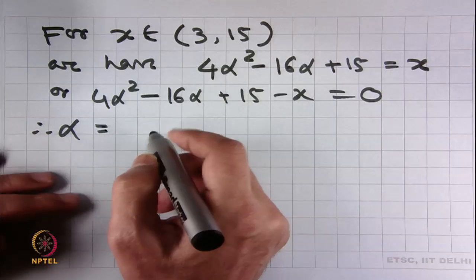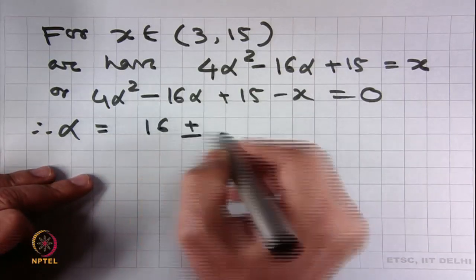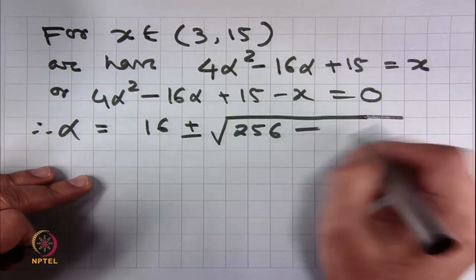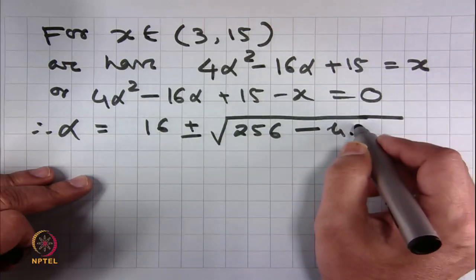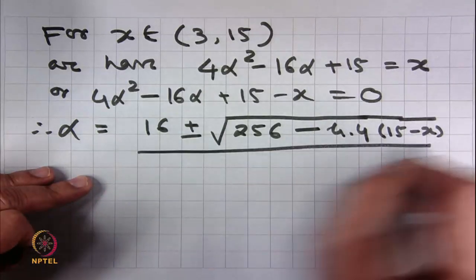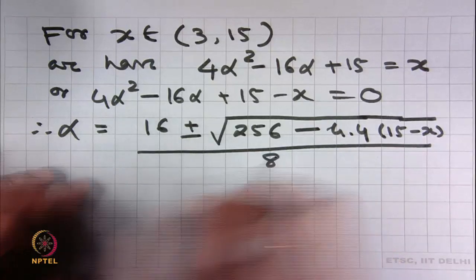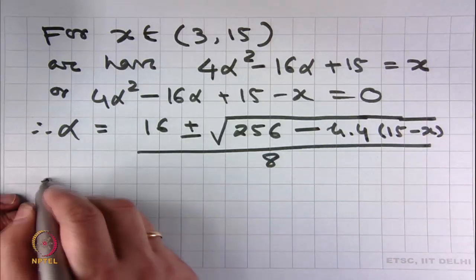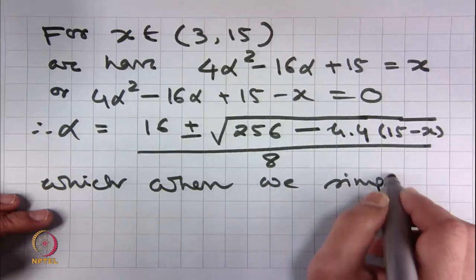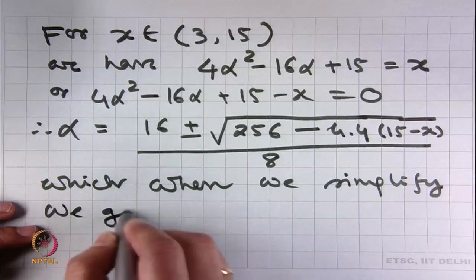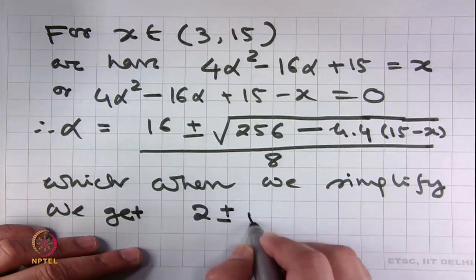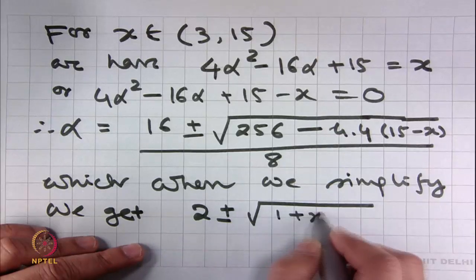Therefore, alpha is equal to 16 plus minus root over 256 minus 4 into 15 minus x divided by 8, which when we simplify we get 2 plus minus root over 1 plus x by 2.